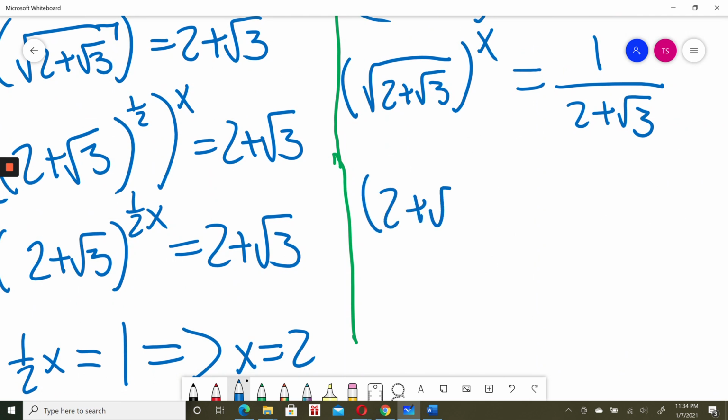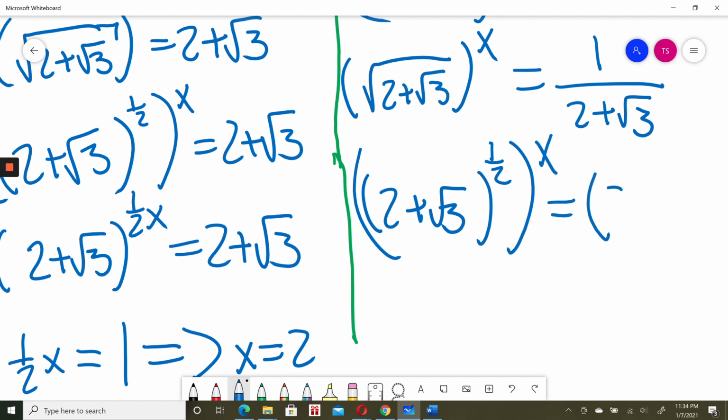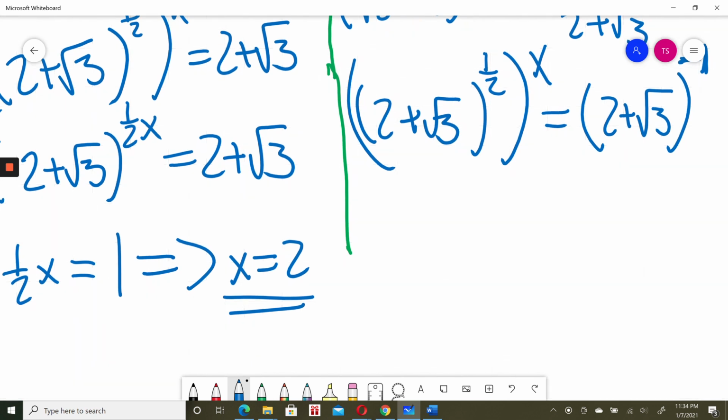And now I continue in the same way. 2 plus square root of 3 to the power of 1/2 and to the power of x will be equal to 2 plus square root of 3 to the power of -1, because it's 1 over this. Slowly, power to power, so I multiply the powers.